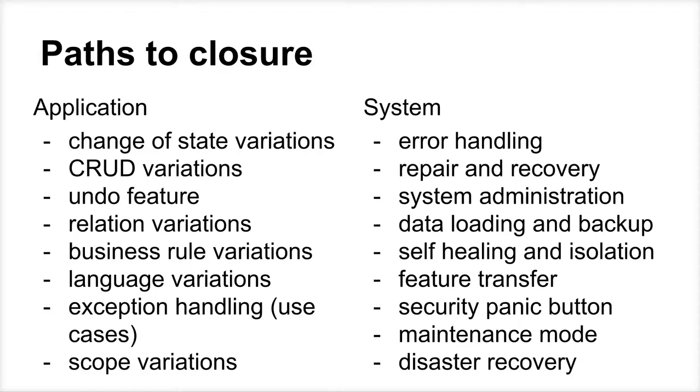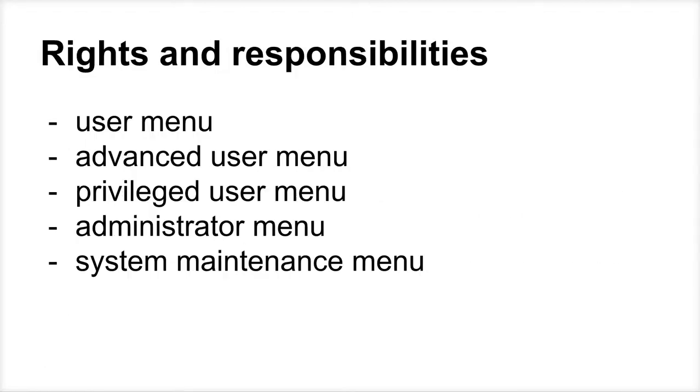In terms of the deployment flow, make sure that there's a fairly convenient way of transferring features from staging site to existing site, or from existing site back to a staging site for further testing and so forth. The security panic button is always handy. Maintenance mode, obviously, disaster recovery, those things are well known.